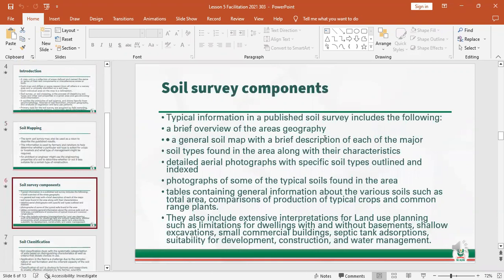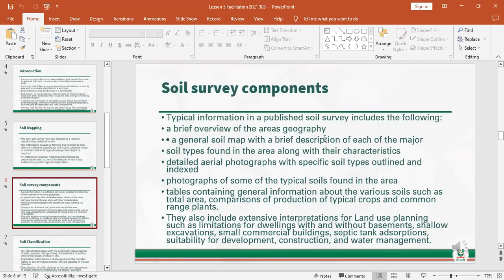Soil survey components. Typical information in a published soil survey includes a brief overview of the area's geography.